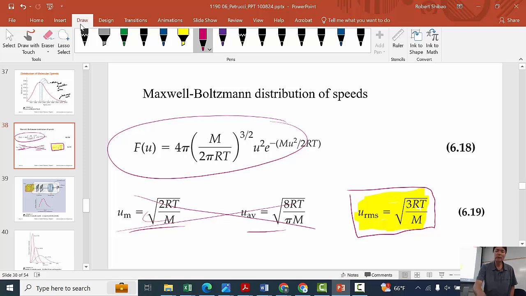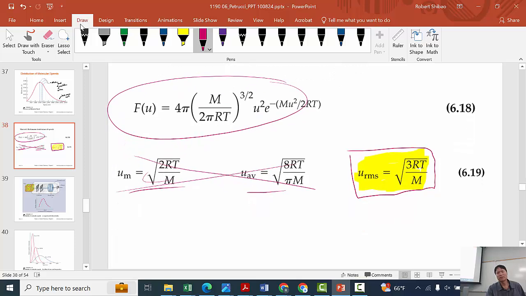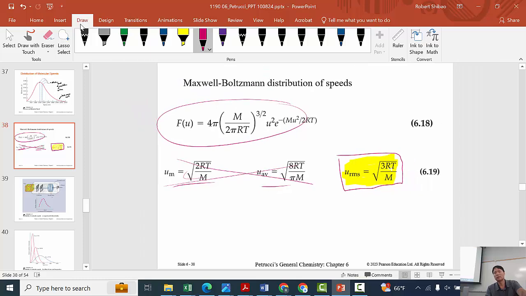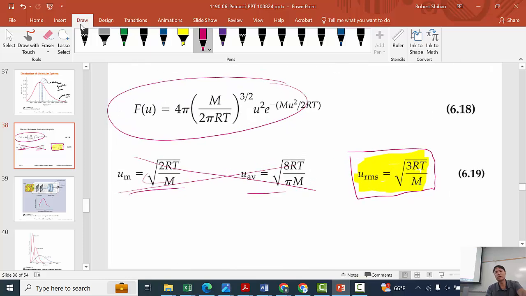But actually that doesn't quite make sense, right? You would square because you would potentially have negative velocities, and so you would square those to get rid of the negative. Or you could take the absolute values, but it's weird.